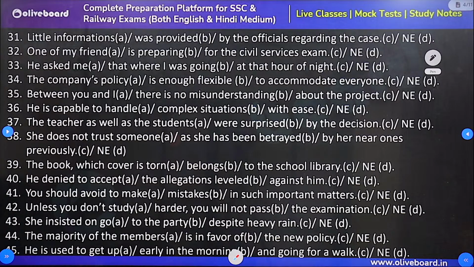31. Divya, 32. 33. 34. 35. 36. 37. Siddharth has an error.